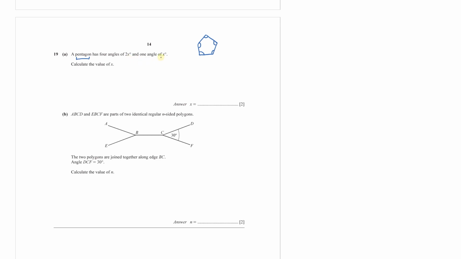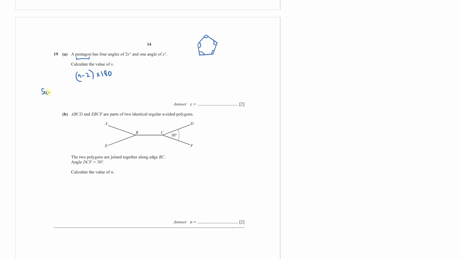So you can calculate the sum of all the angles of a pentagon. You know that the formula to find the sum of all the angles of any polygon is n minus 2 into 180, right? Where n is the number of sides.